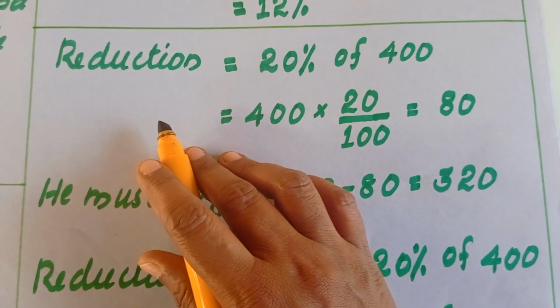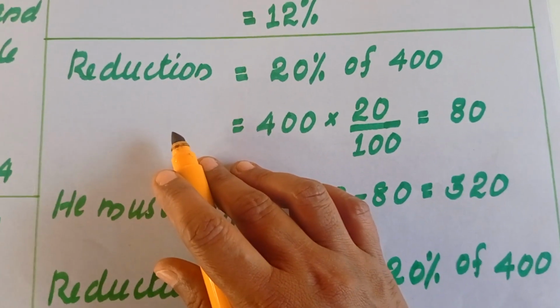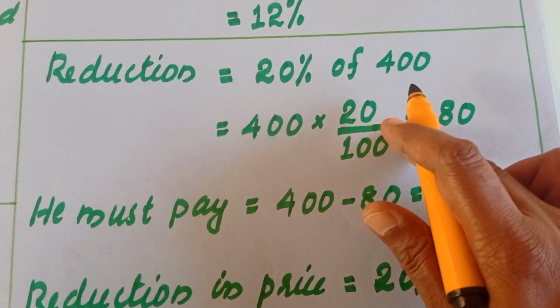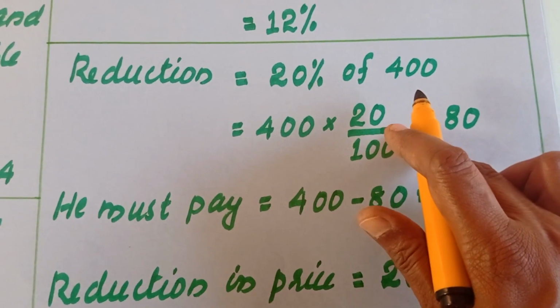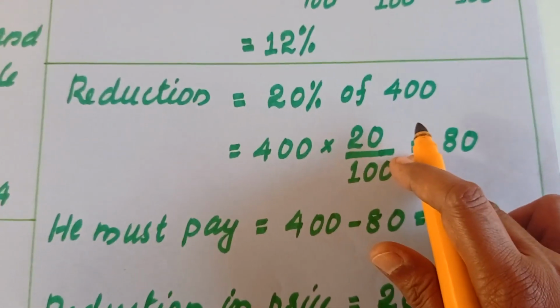First we find out the reduction amount. Here the reduction is 20% of the original price. The price of the shirt is 400.